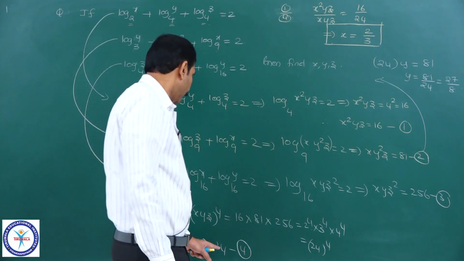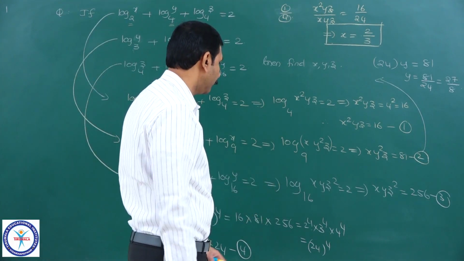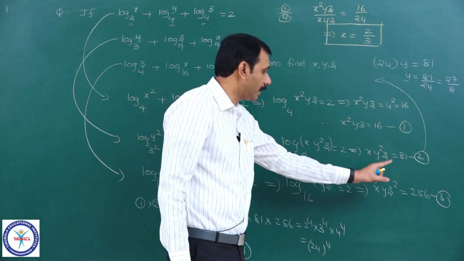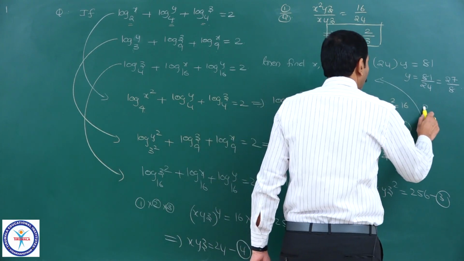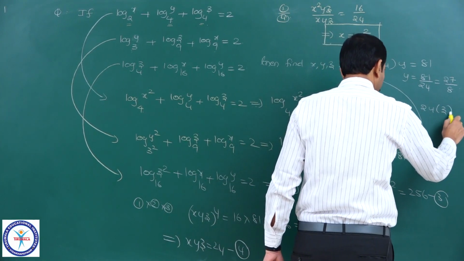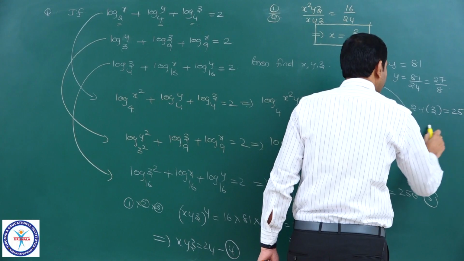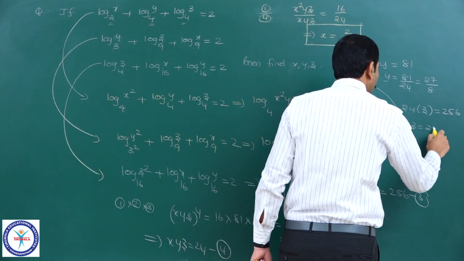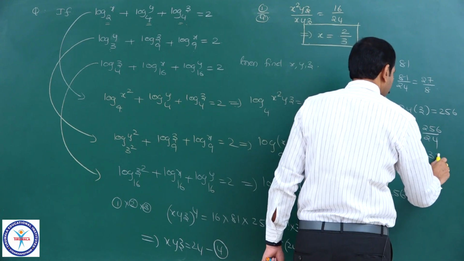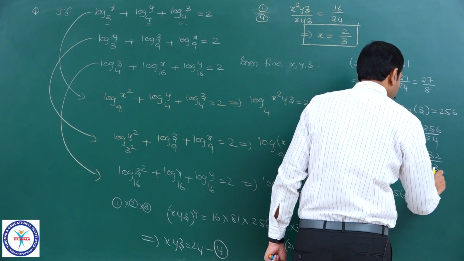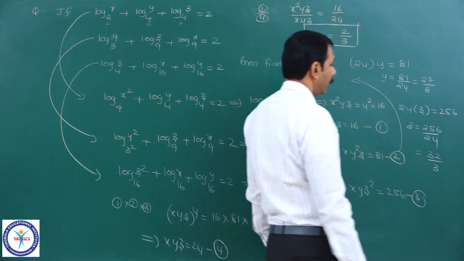Next, from 3 and 4, the third equation, xyz into z, I can write xyz equal to 24, so 24 into z is equal to 256, z is equal to 256 by 24, 32 by 3.